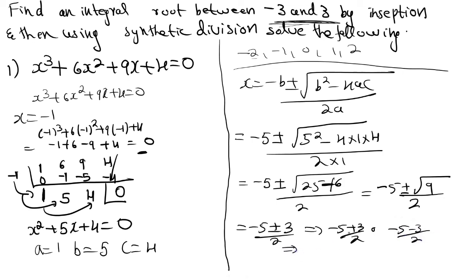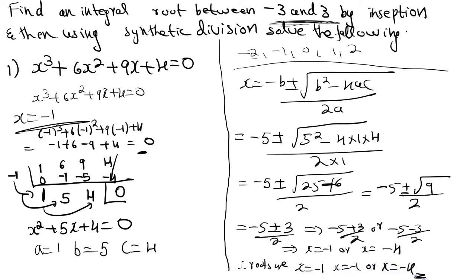Minus 5 plus 3 is equal to minus 2, by 2, so x value is equal to minus 1. Or x value is equal to minus 5 minus 3, which is minus 8, divided by 2, is minus 4. Therefore the roots are, first, x equal to minus 1. Again you are getting x equal to minus 1, right? So x equal to minus 1 or x equal to minus 4.